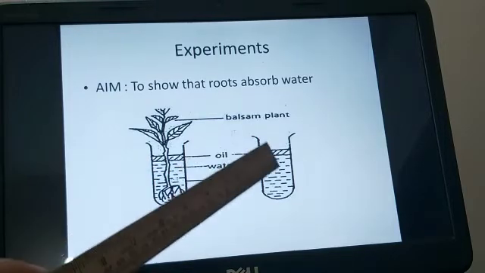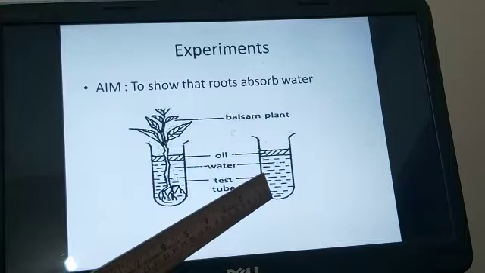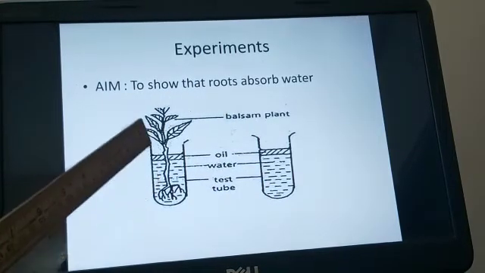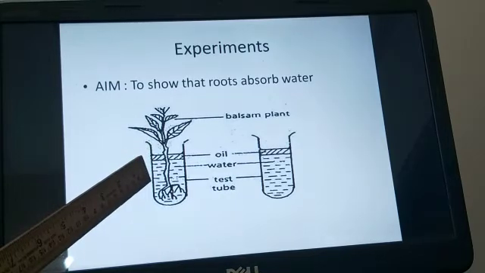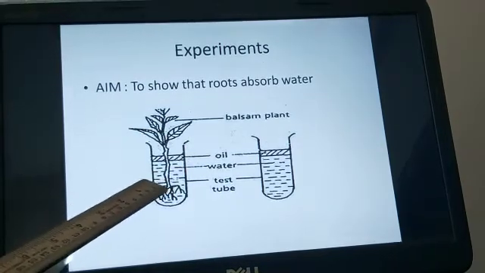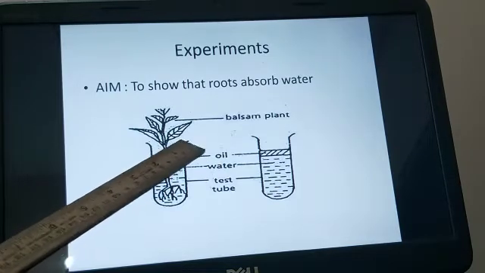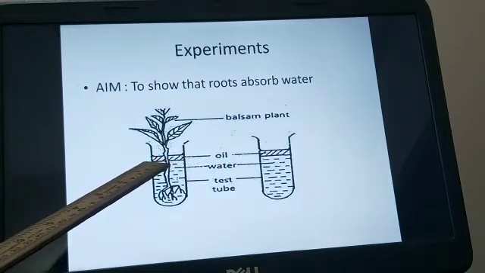That's the reason why in this tube, when you keep it under the sunlight, the water level remains the same, whereas in this particular tube, the water level drops. So the loss of water because of water vapor is totally eliminated because the oil is kept here in both the tubes.